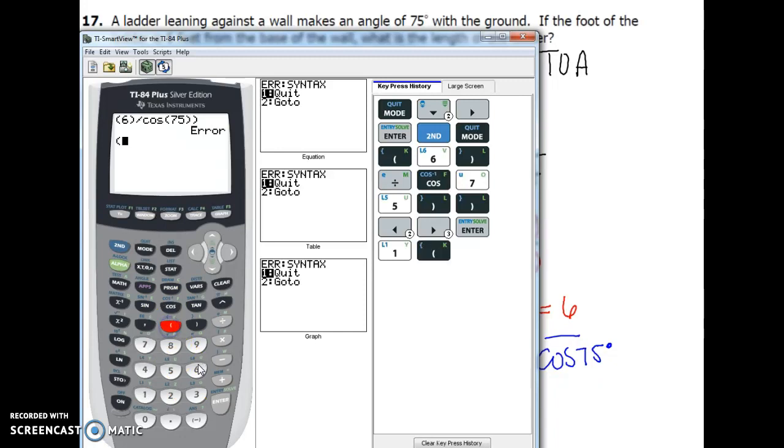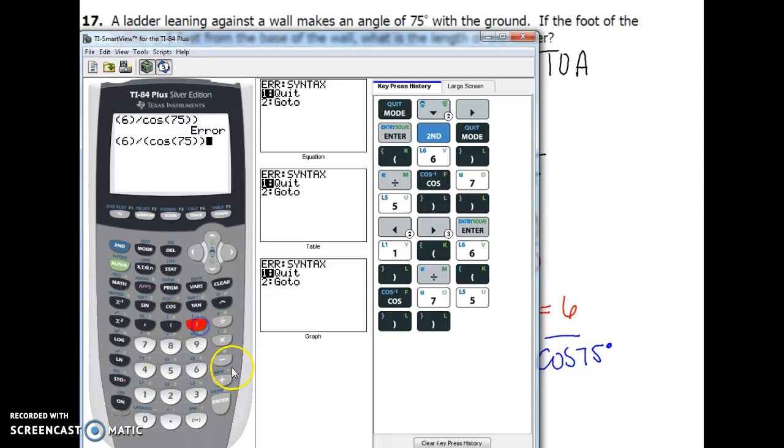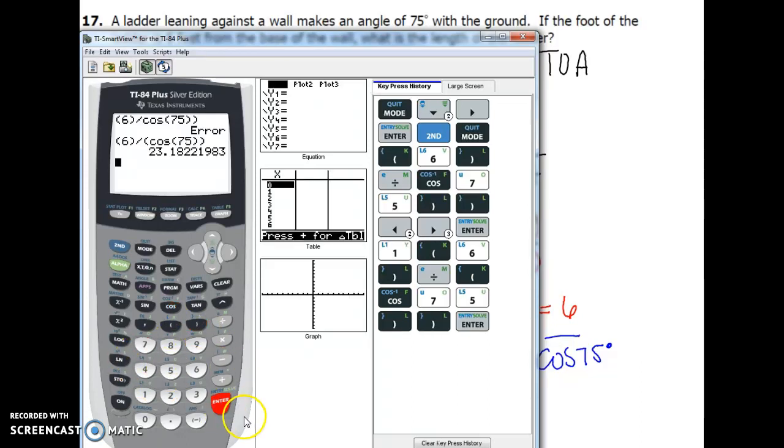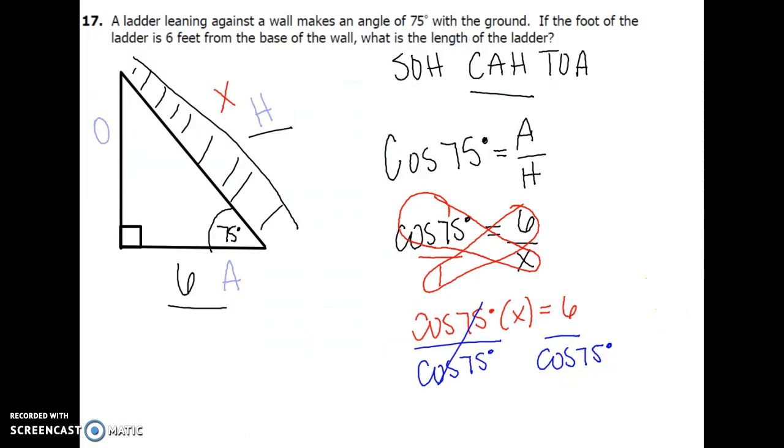So let's try that again. 6 divided by parentheses cosine of 75, close parentheses. There we go. So that will be 23.18, which is 23.2. So again, don't make the same mistake I just did, and go ahead and put these in parentheses. So x will be equal to 23.2.